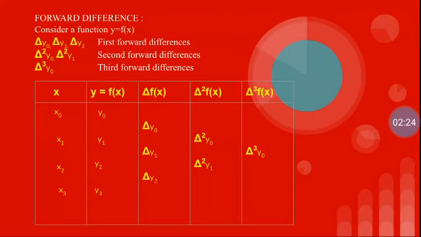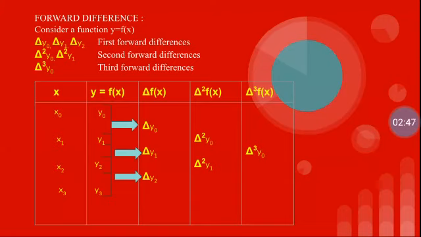The difference between the two function values, that is y1 minus y0, we get delta y0. This delta y0 is the first forward difference. y2 minus y1 is delta y1 and y3 minus y2 is given by delta y2.